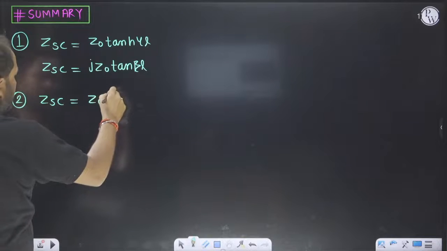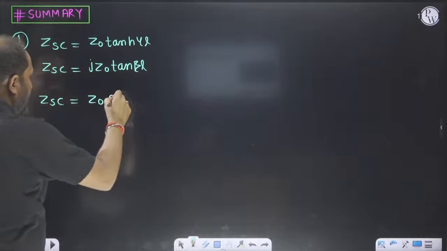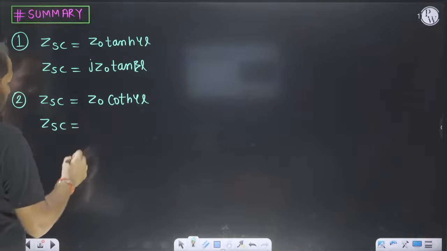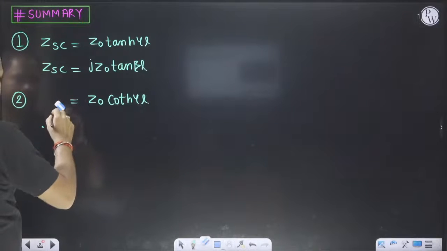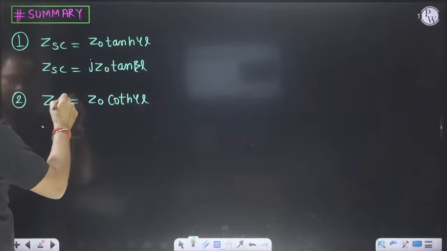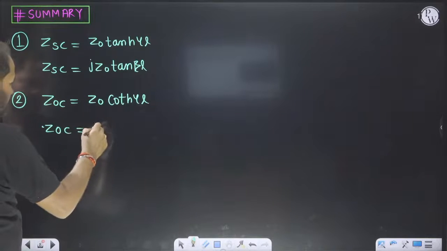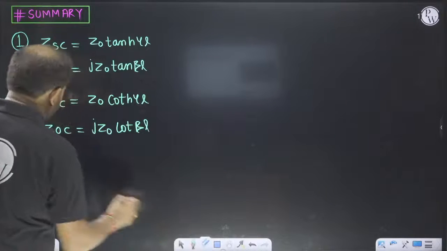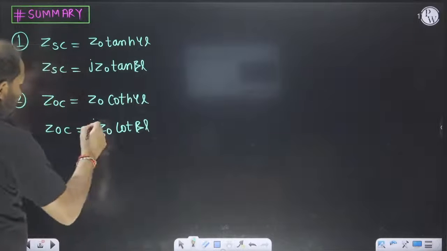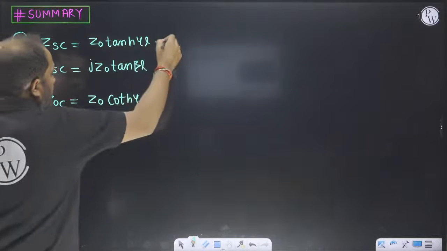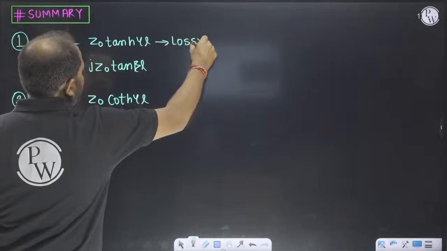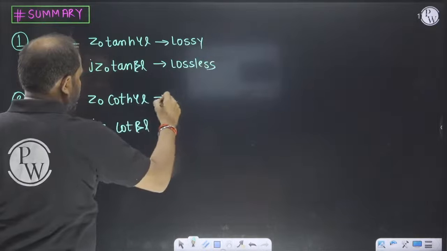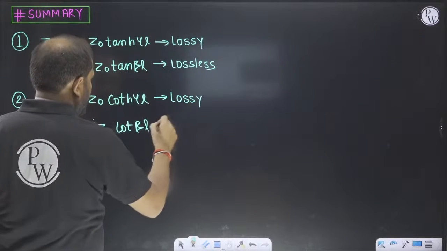Similarly, ZOC is Z0 coth(gamma L) for lossy, and for lossless the open circuit formula will be minus jZ0 cot(beta L).